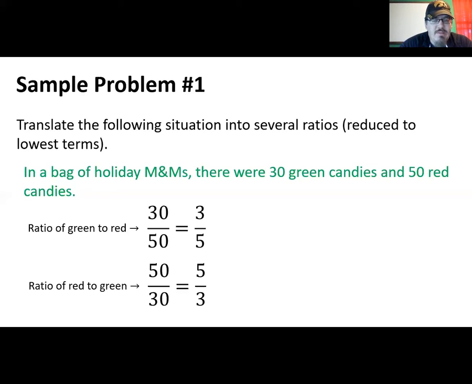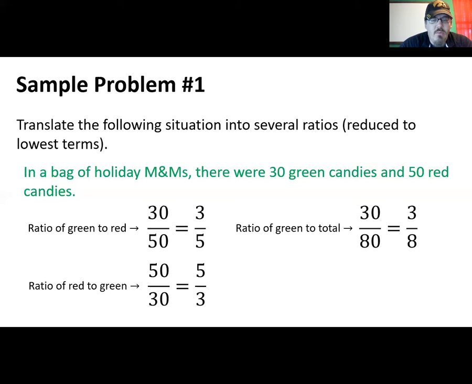Now, another ratio that's hidden in the problem is you can also compare one of the colors in this case to the total amount. So for example, if I want to write the ratio of the green candies to the total number of candies that are in the bag, if I add up the 30 and the 50, I know that I've got 80 total candies.